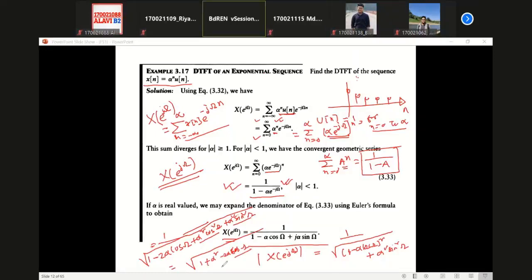In this way, you can easily find the magnitude. If your magnitude is available, then you can calculate the phase angle also, okay?